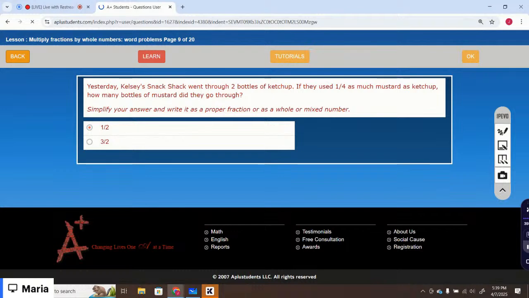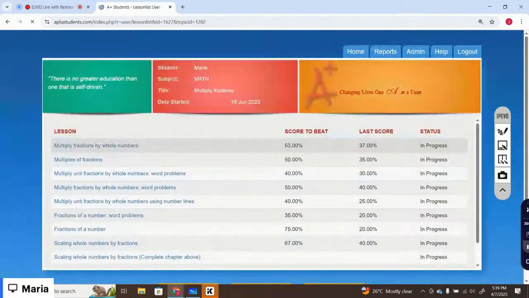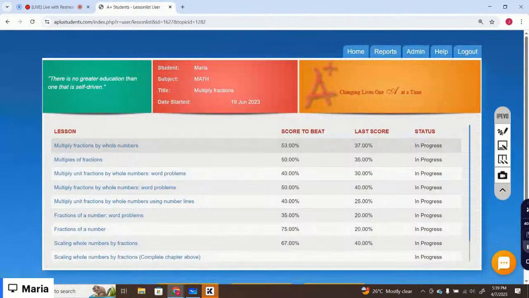Okay, you can complete the lesson by yourself later today. So we were working on grade 4 math.